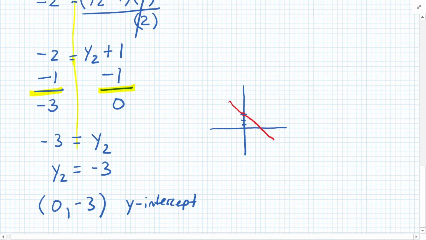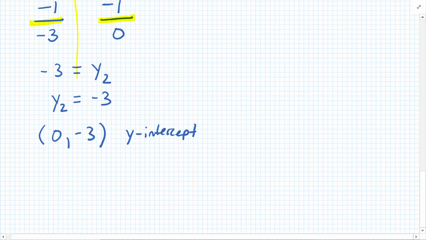So this point right there is 0. Oh, I'm sorry. Messed up. -3. I was doing +3. So we need to go down 3. 1, 2, 3. Then our point.